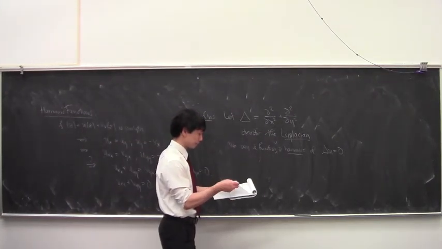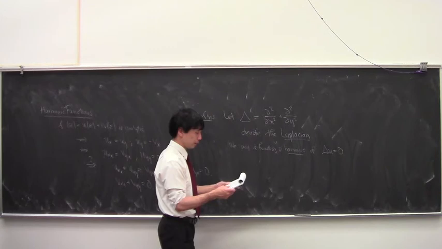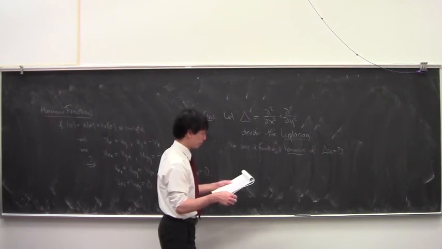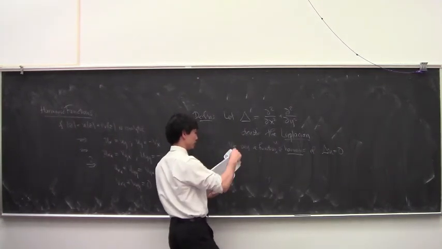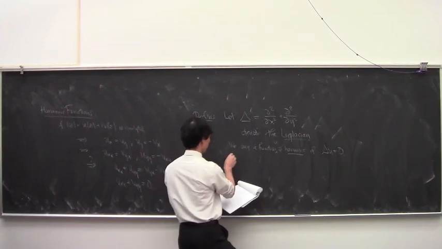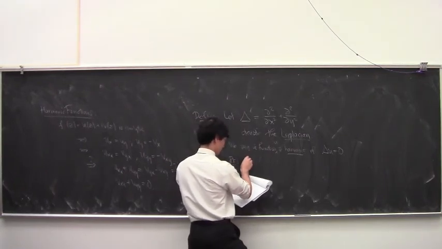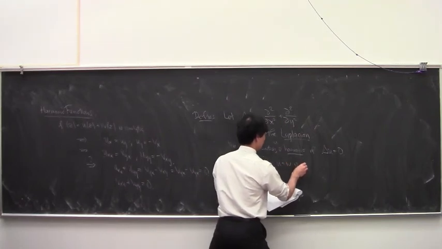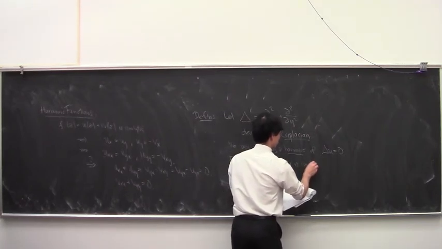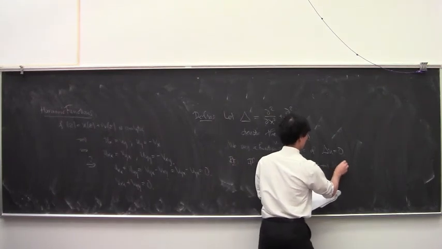And so if f equals u plus iv is analytic, then u would be harmonic.